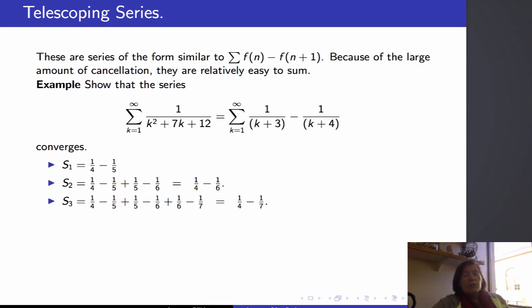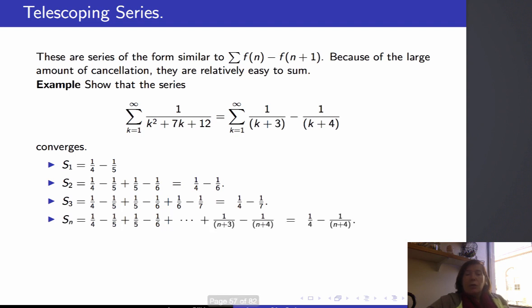The third partial sum is the sum of the first three terms, a1 plus a2 plus a3, and that's 1 over 4 minus 1 over 5 plus 1 over 5 minus 1 over 6 plus 1 over 6 minus 1 over 7. And everything except the first and the last term cancel here, so my third partial sum is 1 over 4 minus 1 over 7.